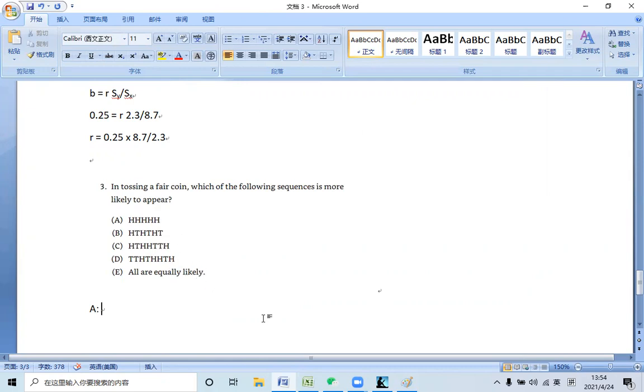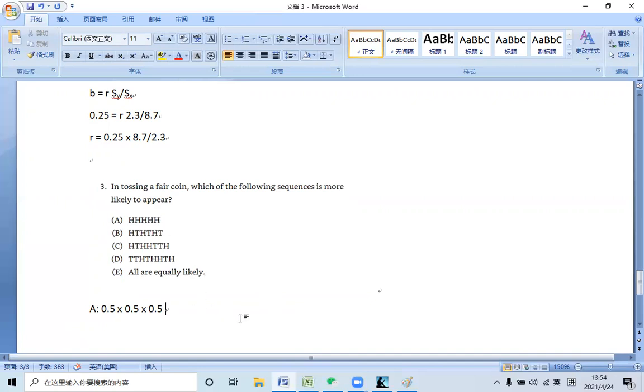A. For the first trial, you have 0.5. For the second one, you still have a 50% chance. For trial number 3, you have a 50% chance. How many trials? 1, 2, 3, 4, 5 trials.